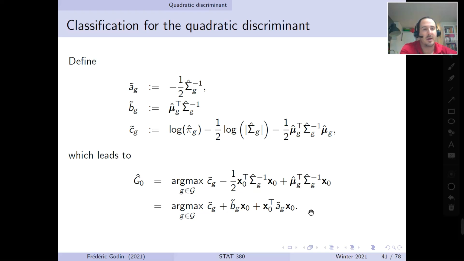Okay, so here you can do the math at your own pace, but eventually you should show that the estimated class, based on what we saw, is to find the class G which maximizes this.